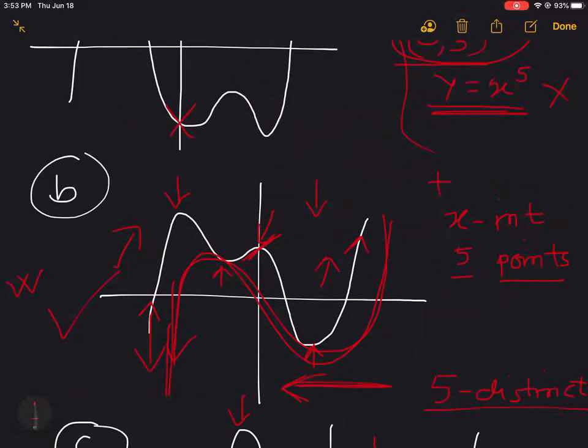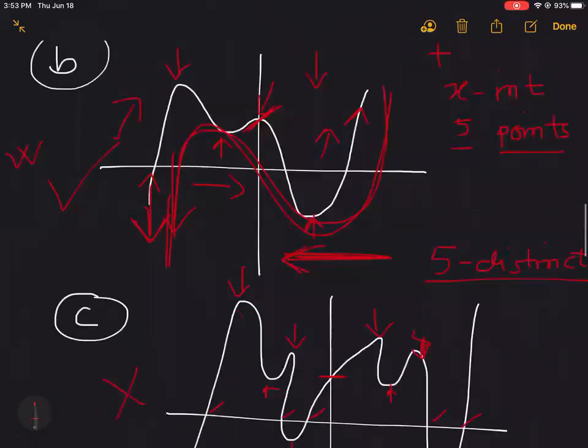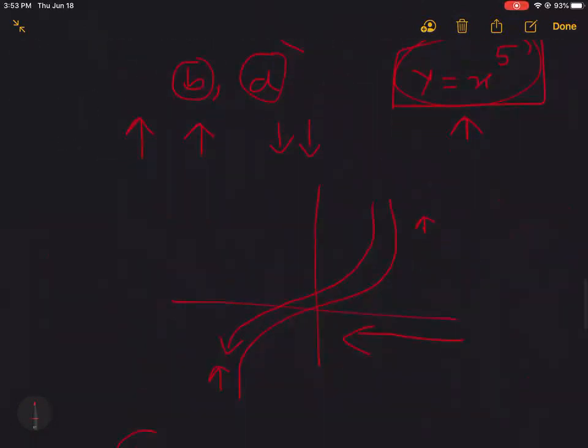By the way, I'm not talking about this direction, don't get confused by that. As I'm moving to my left, slowly and slowly, you can see this graph going down. So definitely, this is what we're looking for. Okay, any question from this?